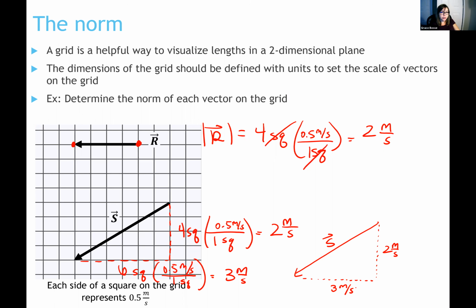So I could use the Pythagorean theorem, and I could get that the length of vector S, or the norm of vector S, is just the square root of (2 meters per second) squared plus (3 meters per second) squared. And so if you do that calculation, you should get 3.61 meters per second. So that's the norm of vector S using our grid, counting squares, using geometry. That's another way of finding these vectors if they are represented only in 2 dimensions.